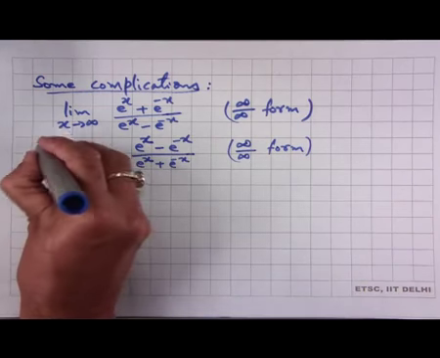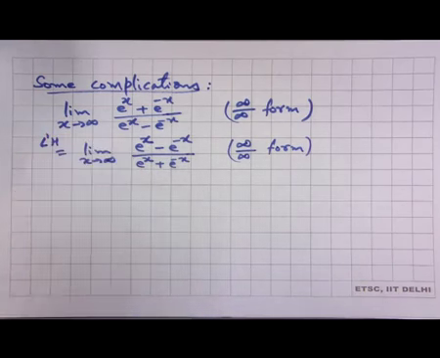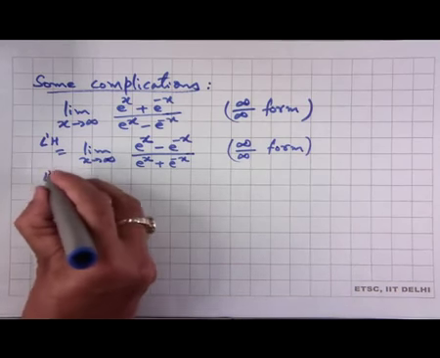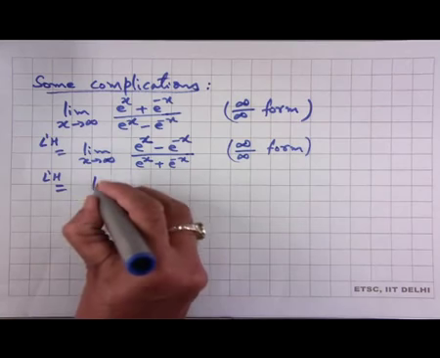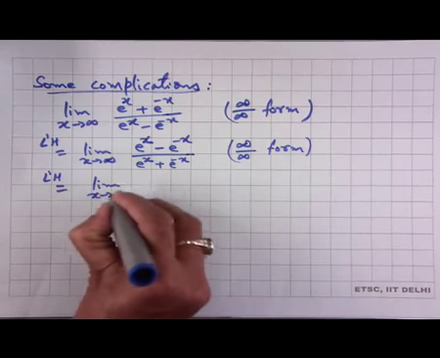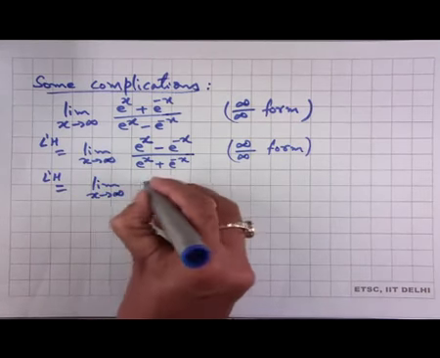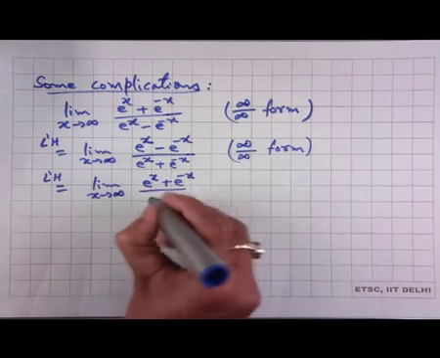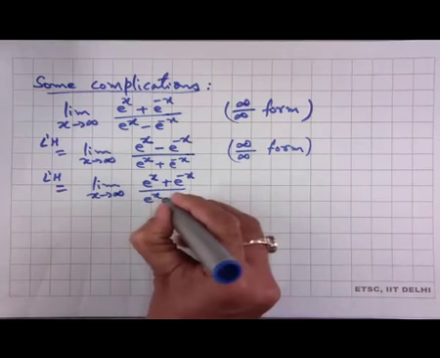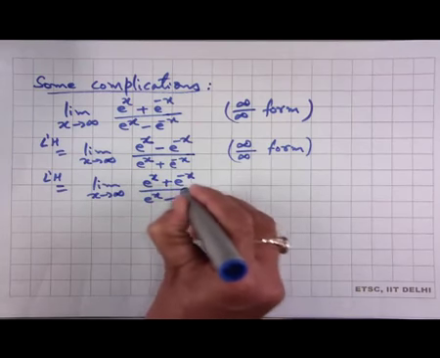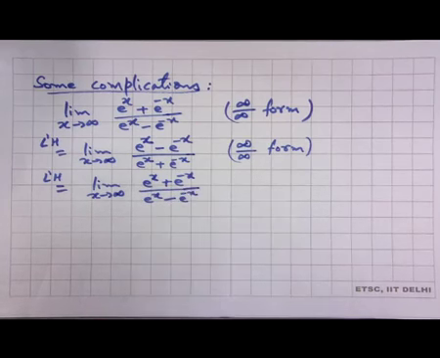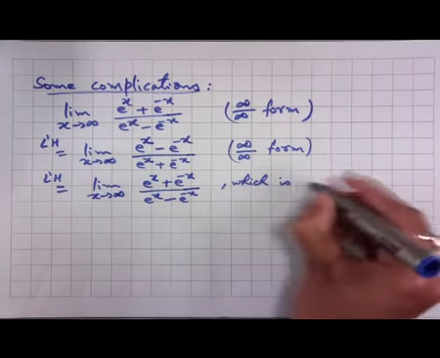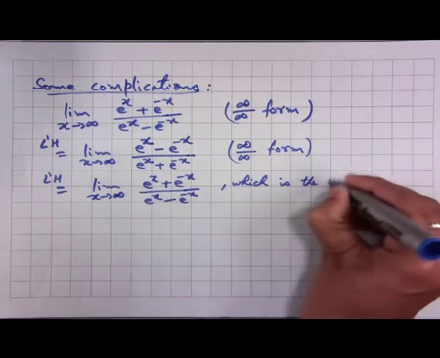Here I will write in short LH to say that we are applying L'Hopital rule. So again if I apply L'Hopital rule, we get the limit x going to infinity of e to the x plus e to the minus x by e to the x minus e to the minus x, which is the original limit itself.